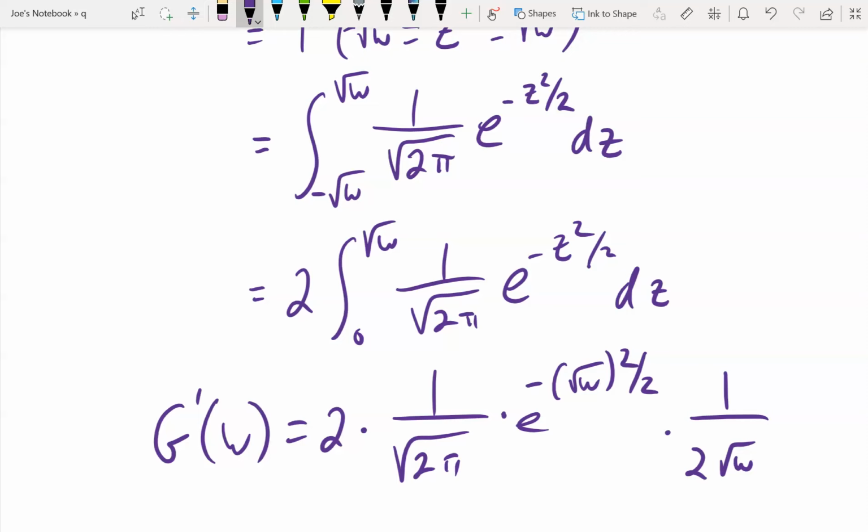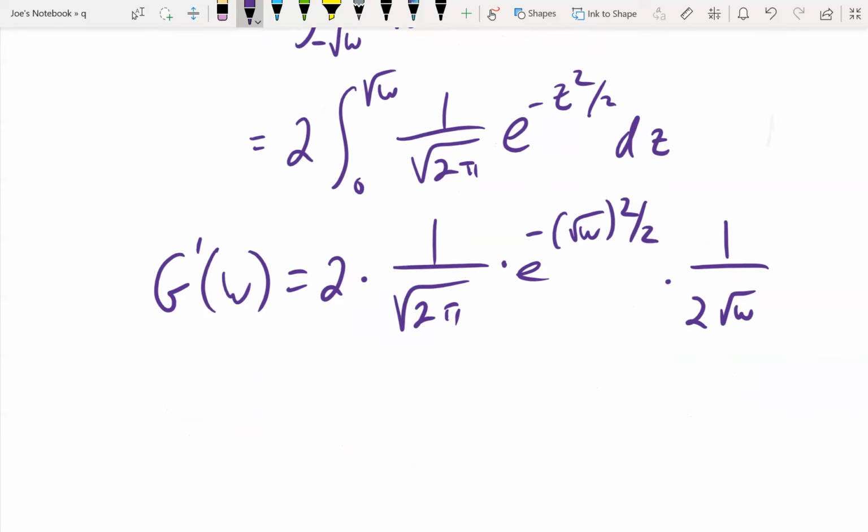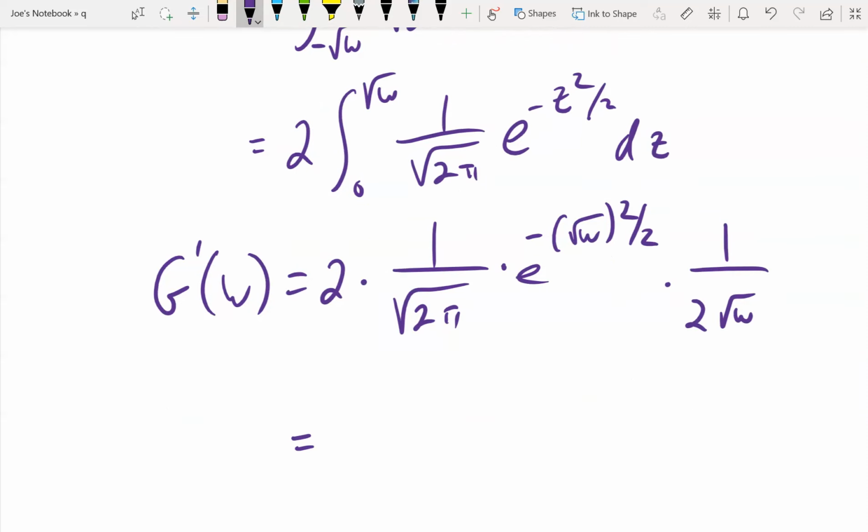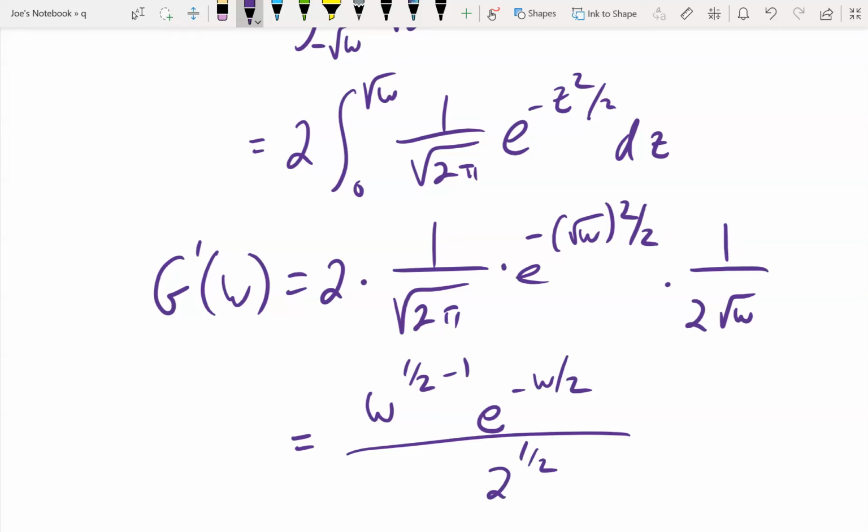All right, let's do this now. This I can rewrite as w to the 1/2 minus 1. The square root of w squared just becomes a w. This is 2 to the 1/2 under the radical here. I have square root of pi.